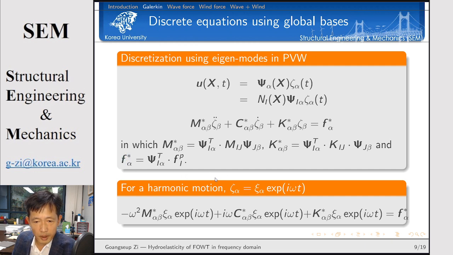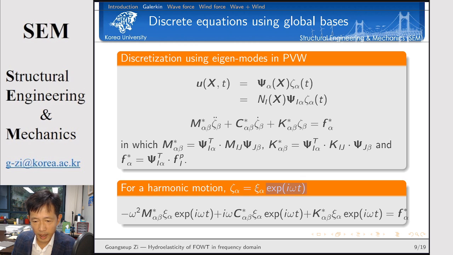And here, zeta alpha is a function of time. So now we are talking about harmonic motion. If the wave loading is harmonic, then the displacement also shows harmonic behavior, but it must have some phase shift. That's why we can express the modal displacement zeta alpha using C alpha and the harmonic part.